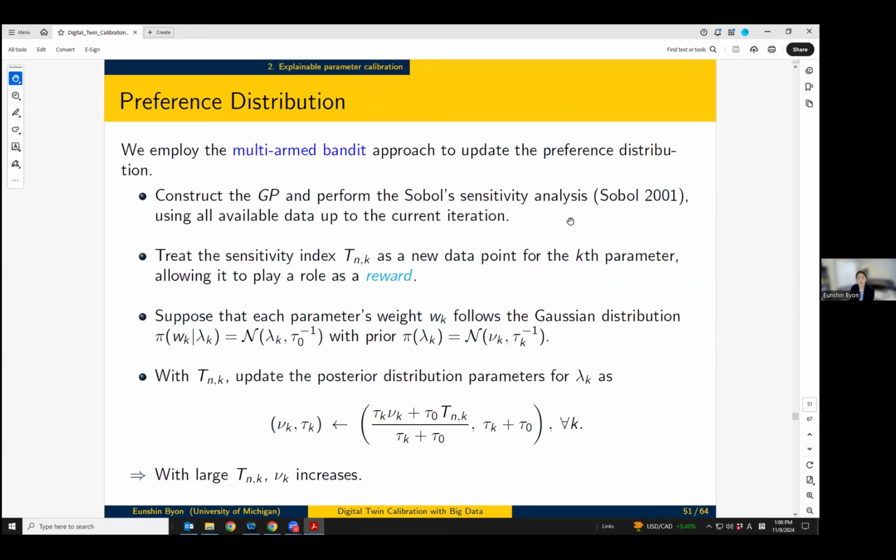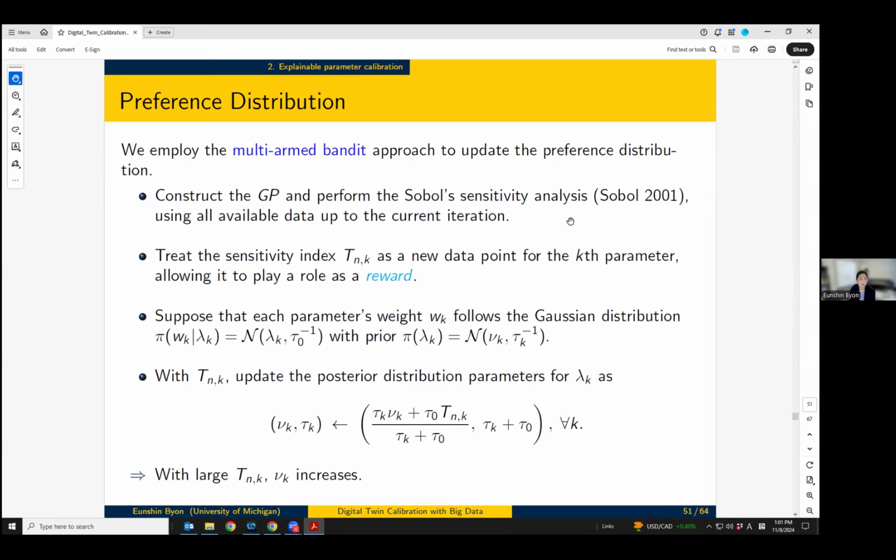To get the Sobol index, we construct the GP over the original space. So this approach can be applied when capital D, the original parameter space, is around 20 to 30. But if the original dimension is very large, let's say 50 or 100, then maybe the Sobol index itself is not really accurate.